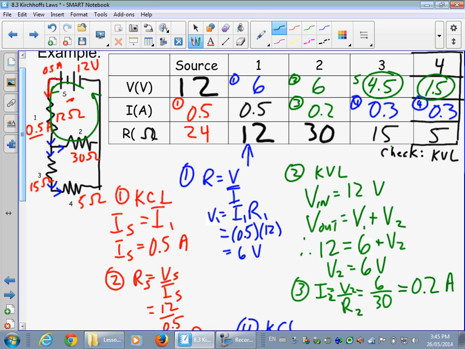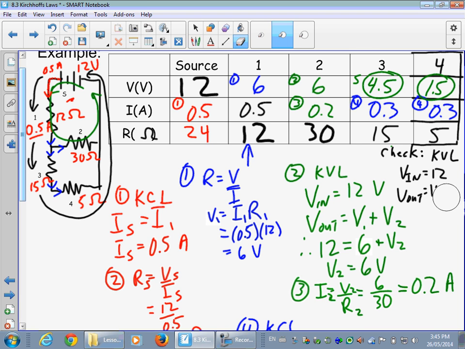In one loop, the voltage in is 12 volts still. And if we look at the large loop going all the way around here, then the voltage out is V1 plus V3 plus V4.